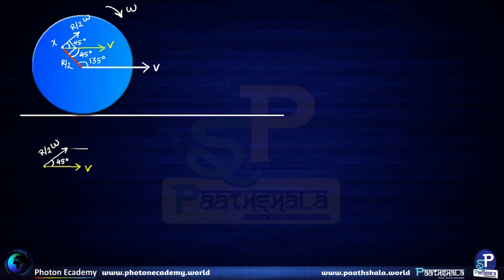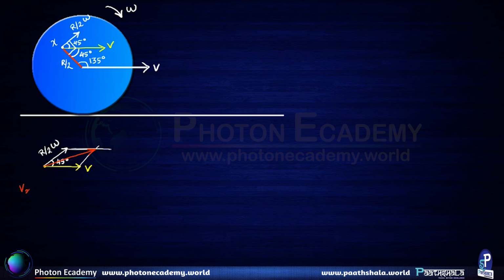So the net velocity, which is the vector addition of the two, if I complete the parallelogram, then I can draw the net final effective velocity vector to be like this, and velocity of this point x can be written, as far as magnitude is concerned, as the root of, so instead of writing root, I am writing bracket raised to half.